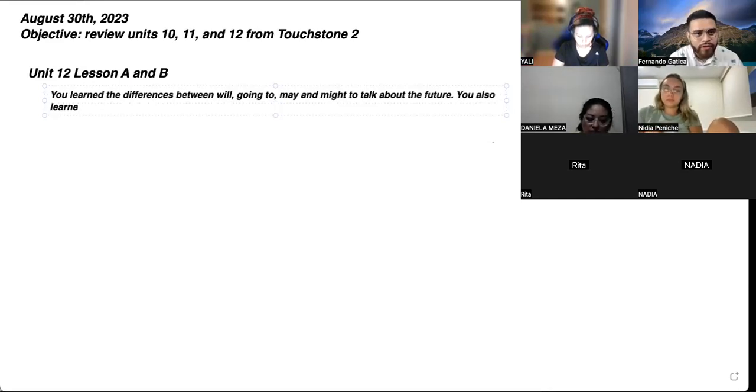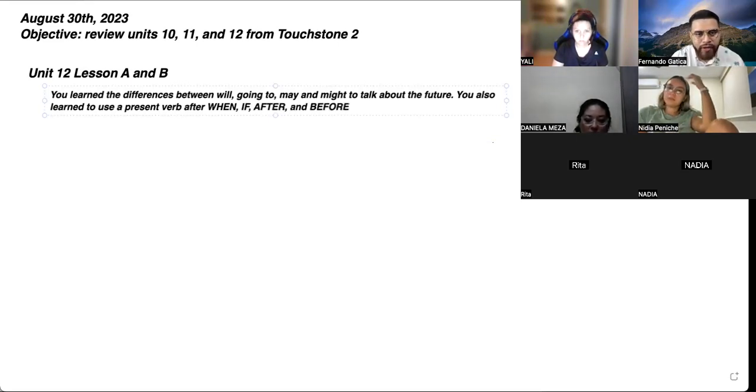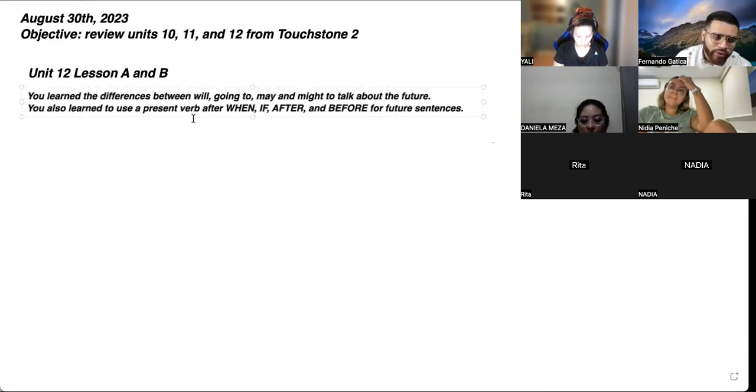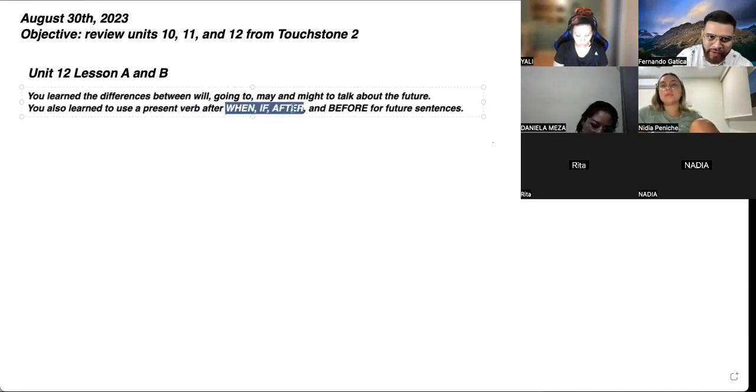You also learned to use a present verb after when, if, after, and before for future sentences. Two things, right? Aprendieron la diferencia entre will, going to, may, might para hablar del futuro. Y también aprendieron que deberían usar verbo en el presente después de when, if, after, before para oraciones del futuro.